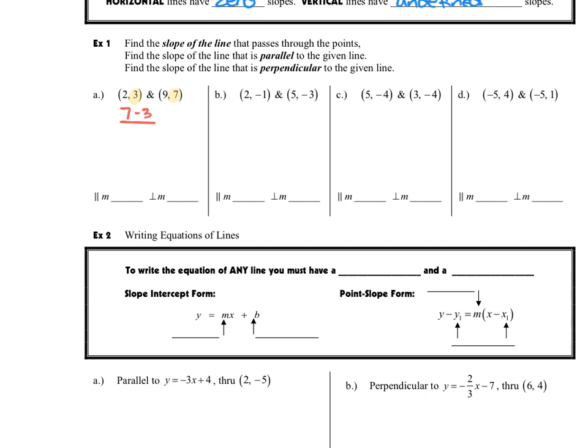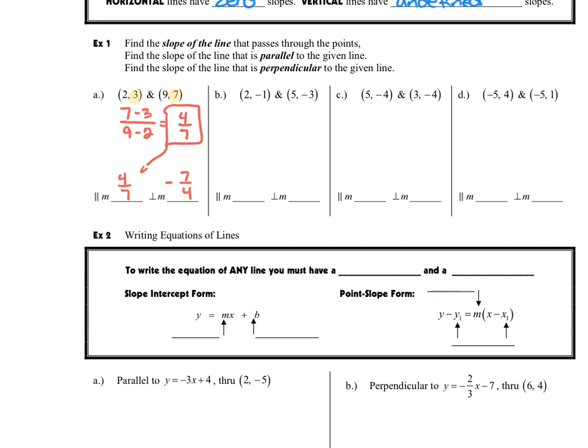So I have a 7 minus 3, and then I'll have my 9 minus my 2. That gives me a 4 over a 7. So that's the slope of the line that I've been given, and then the line parallel to that will have the exact same slope. The perpendicular line, though, will have the opposite sign, so we're going to make it negative, and then we're going to flip the fraction over for the opposite reciprocal.